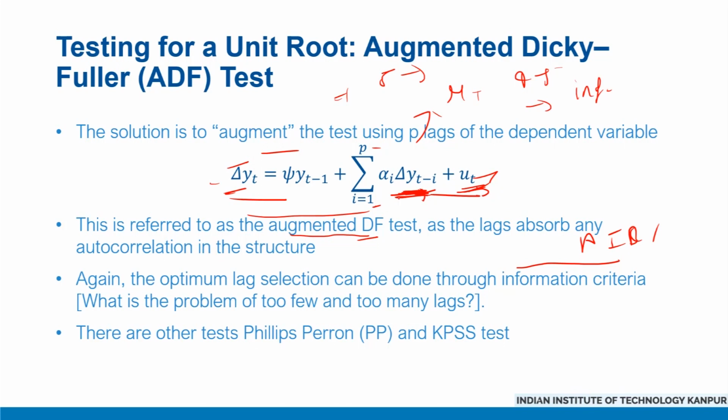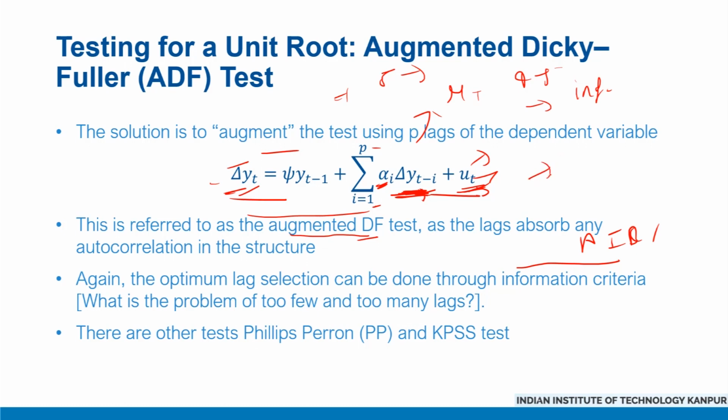Why is this important? If you choose too small a number of lags, then the serial correlation that we want to absorb in the delta yt process will not be absorbed and mu t will still be autocorrelated. If you use too many lags, it may absorb the autocorrelation, but it will require more parameters, more alphas to be estimated, and this non-parsimonious model will introduce noise in the model.